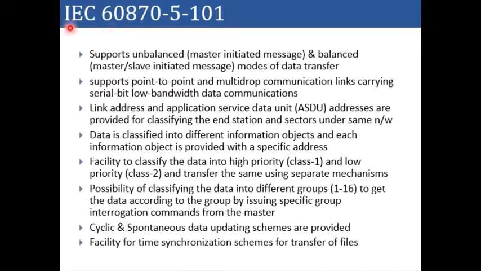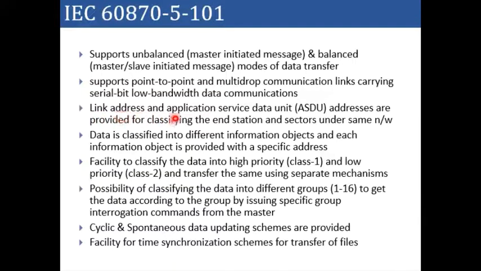Now let's talk about 60870-5-101. So 101 supports unbalanced, that is master initiated message, and balanced, that is master or slave initiated message data transmission. 101 supports point-to-point and multi-drop communication links carrying serial bit low bandwidth data communication.